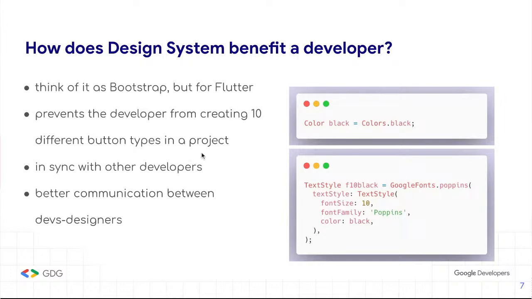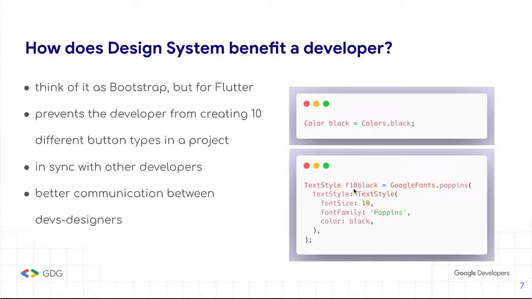If your button is using a box decoration, which is going to be the same for all of the 10 buttons, then you don't have to define the box decoration in 10 different places. Just define it here like this, and then just use the variable name here.